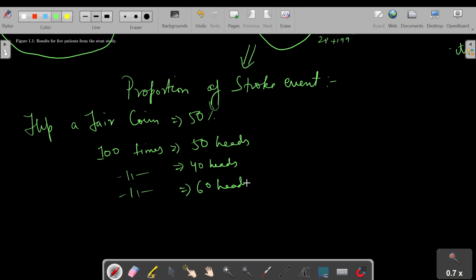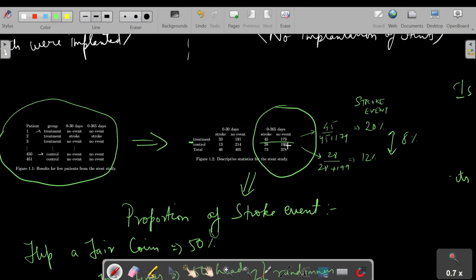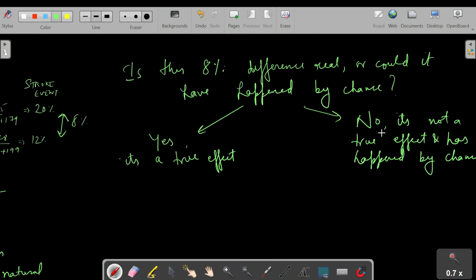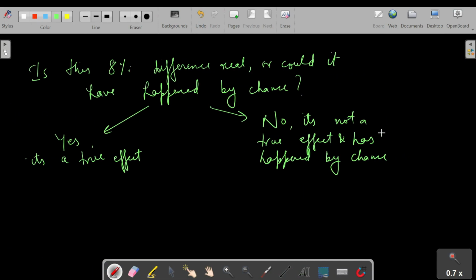So there will always be this kind of randomness, which we also call random natural variation. So we have to figure out whether this difference of 8% can be attributed to random natural variation, or luck, or chance, or is there something real going on behind it? So the question we have in hand is: is the 8% difference real, or could it have happened by chance?